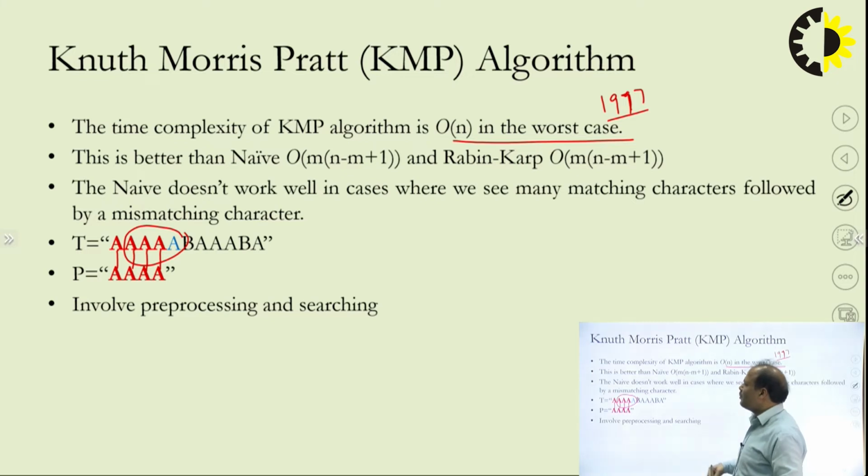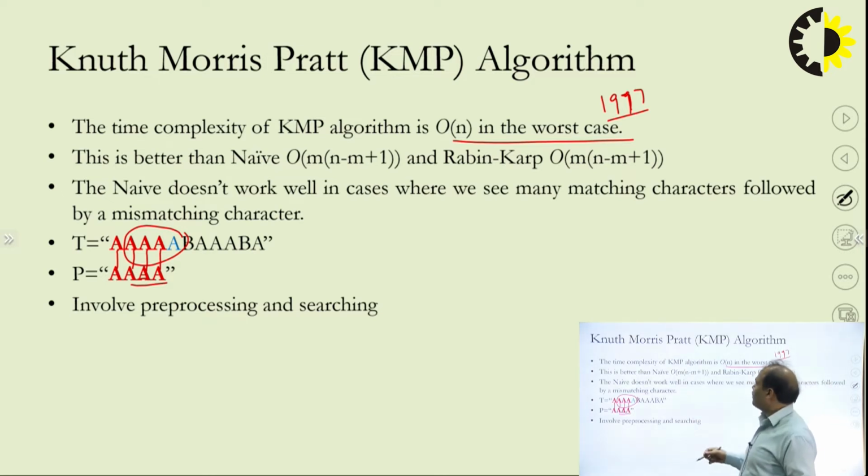That means the number of comparisons in the naive algorithm is more than Morris-Pratt. Morris-Pratt will not compare them again because they are already matching. So it will compute the prefix of a pattern which has already matched, so that we can skip.